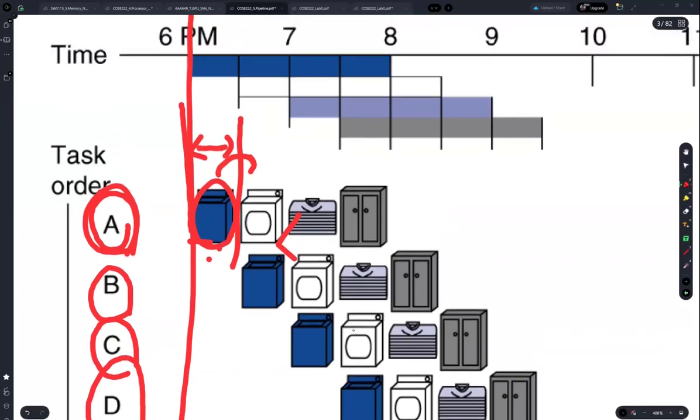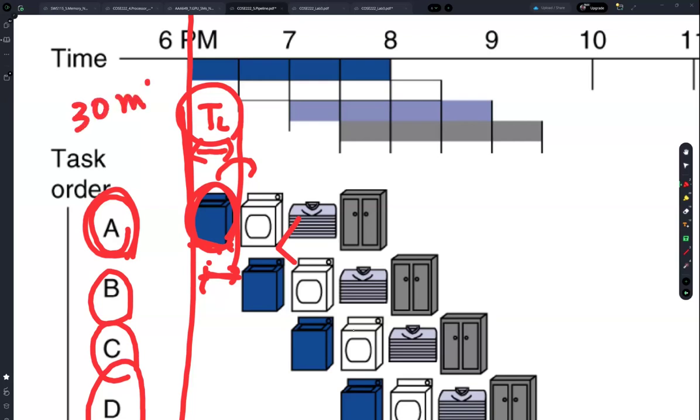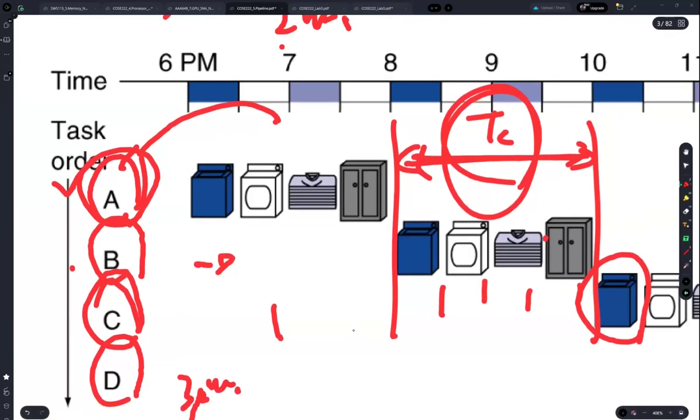So this becomes the PC. Okay, so the delay of this single step sets the clock period. In this example, the clock period is 30 minutes. Then for this design, the clock period is 2 hours.